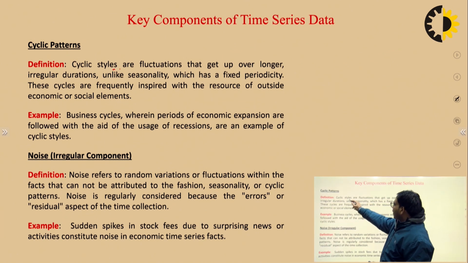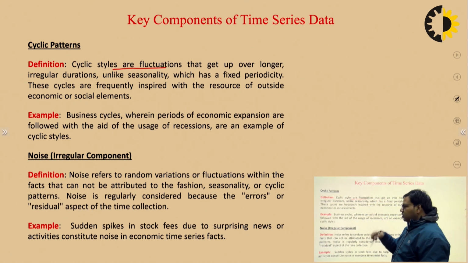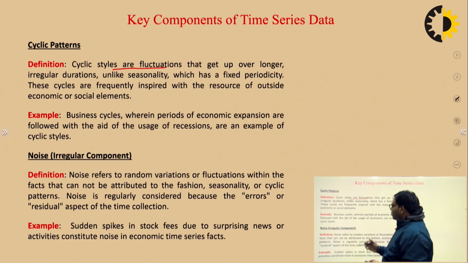Cyclic is where we are having a fixed cycle of some phases, it could be some seasons, some conditions, or some scenarios which are being repeated again and again in a cyclic way. But yes, one major difference is the duration. In the case of seasonality, the duration is generally fixed and of a similar type.